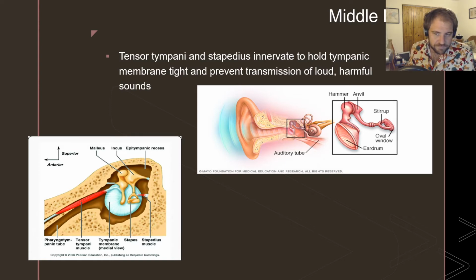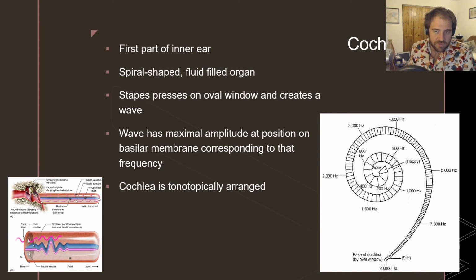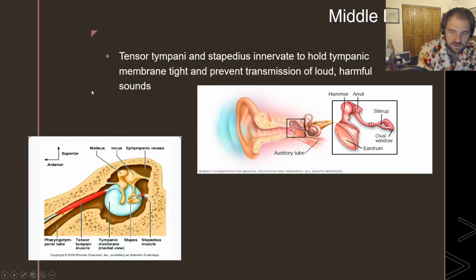Okay, we'll move on. So we're going to talk about the cochlea. Well, let me go back over this for 1 second. Remember, the stapes right here is going to interface with the oval window. Think about a bass drum, and the bass drum has this thing that just keeps pumping against the drum, right?